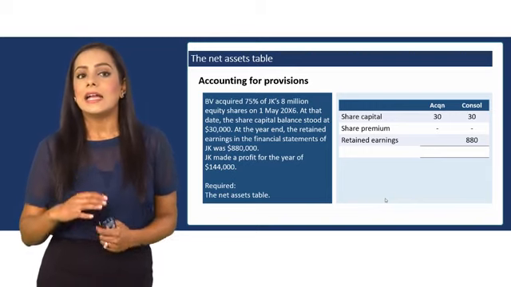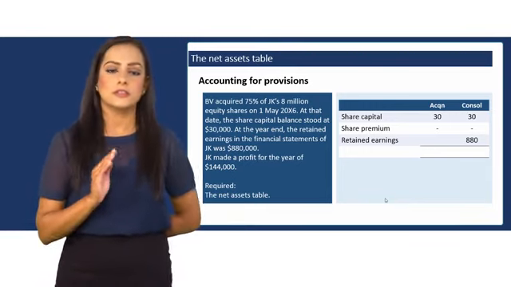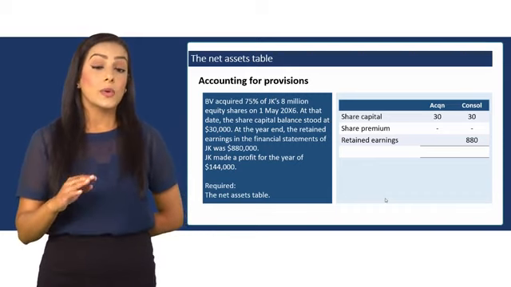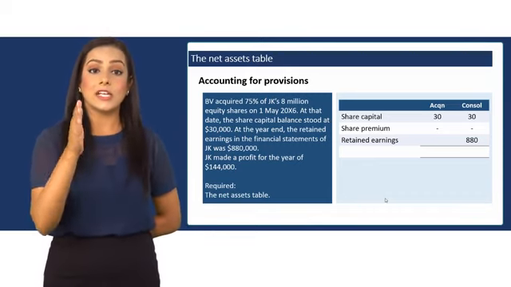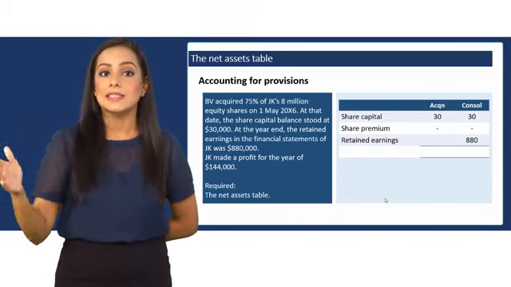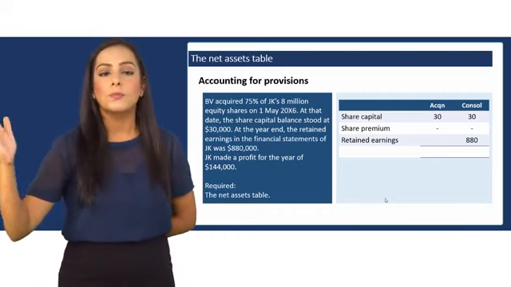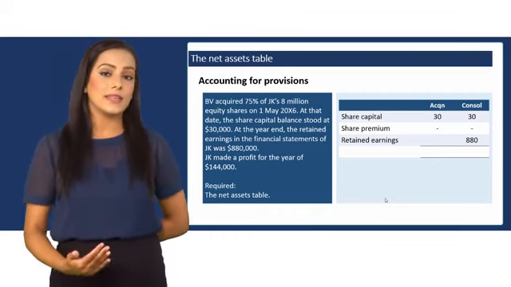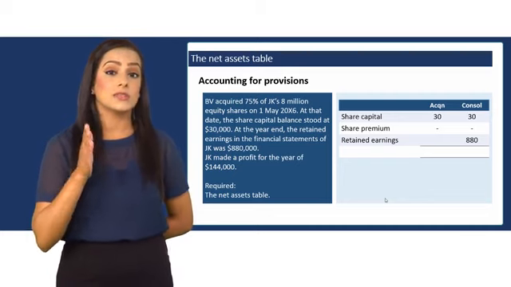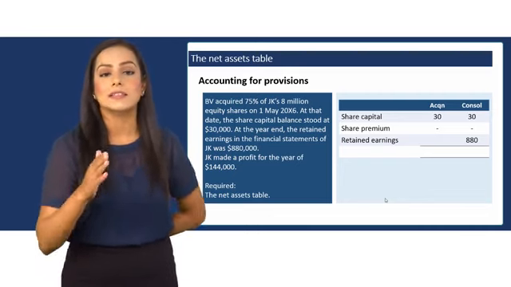You bought the subsidiary on the 1st of May 16, so we need to know what the retained earnings were at that date. Your year end is December 16. So that means you bought the subsidiary partway through the year, which means we need to do some pro rata to calculate what the retained earnings were at May 16.